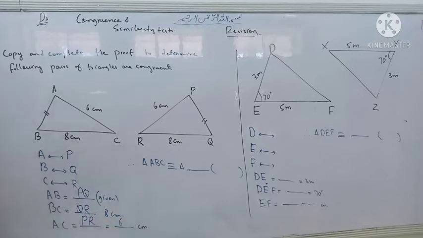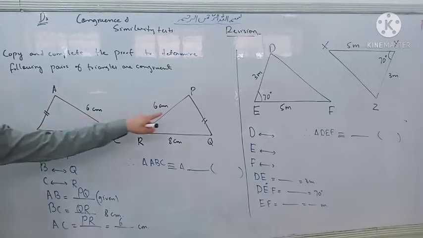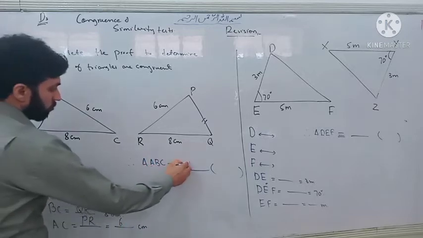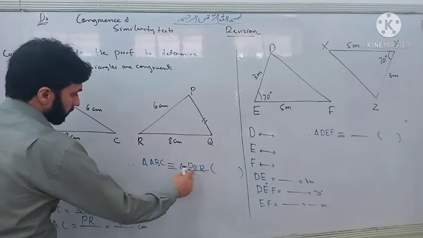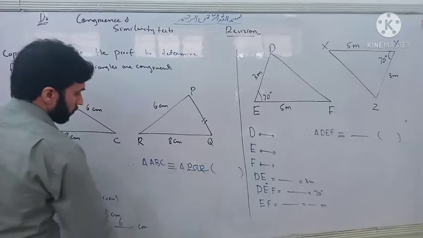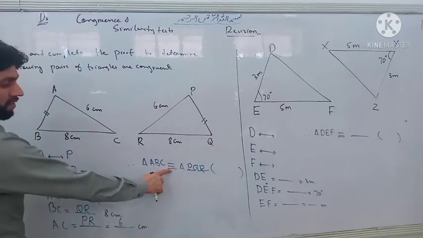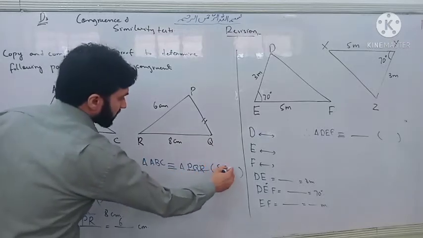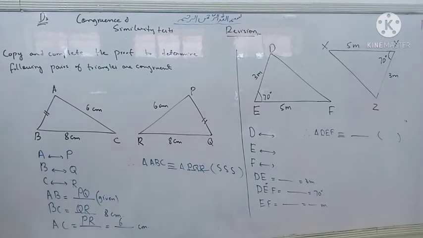So now we can see that the 3 sides of the first triangle are equal to the 3 corresponding sides of the other triangle. So you can say that these 2 triangles are congruent, triangle ABC is congruent to triangle PQR. This symbol shows congruent, and by which test? SSS test, right? So this is the first question.